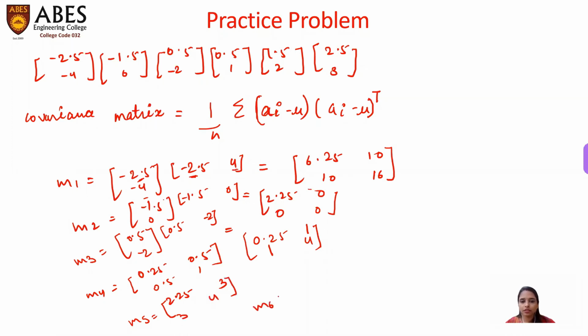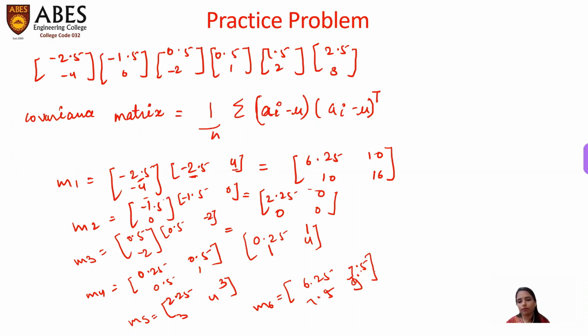For M6, we got 6.25 and then 7.5, then 7.5 and here 9.